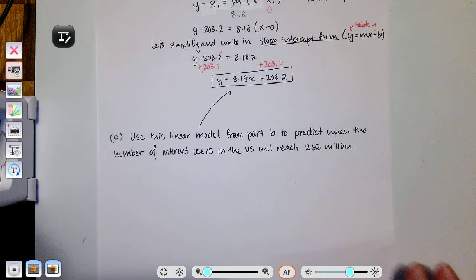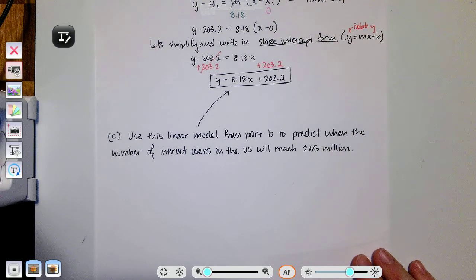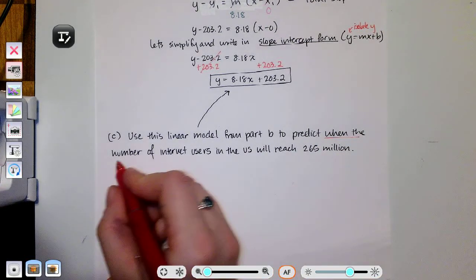Okay, so they're saying we want to predict when the number of internet users will reach 265 million. So we want to know when, so that's talking about the time.